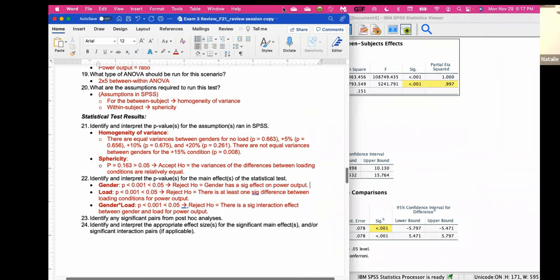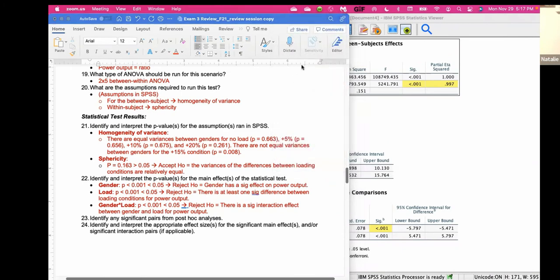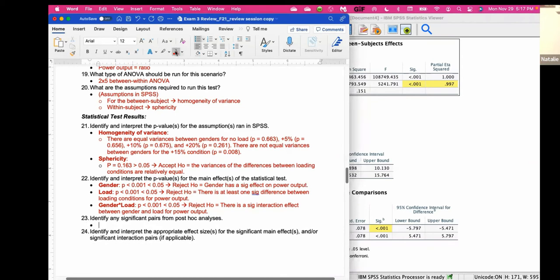So based on those p-values, which pairwise comparisons are we interested in looking at? All of them, yeah. So I'll put in gender.